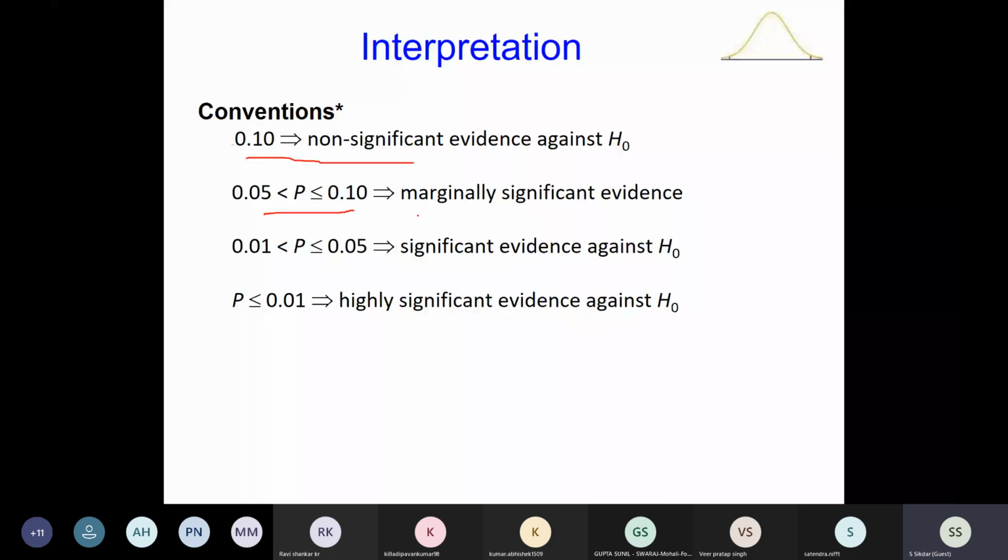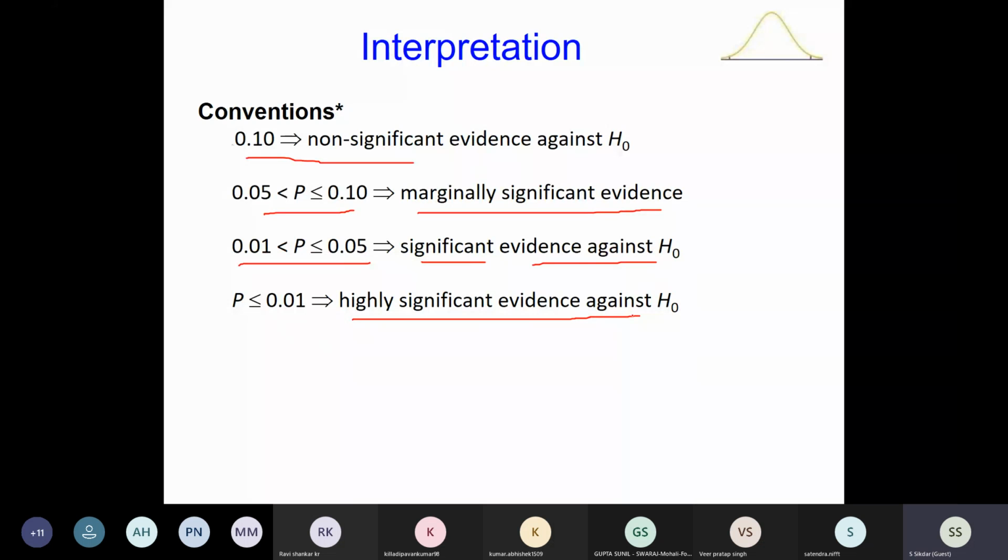In general, if some example or question is asked in homework or in your example and nothing is mentioned, you should take the value between 0.01 and 0.05: significant evidence against H0. p less than or equal to 0.01 is highly significant evidence against H0.